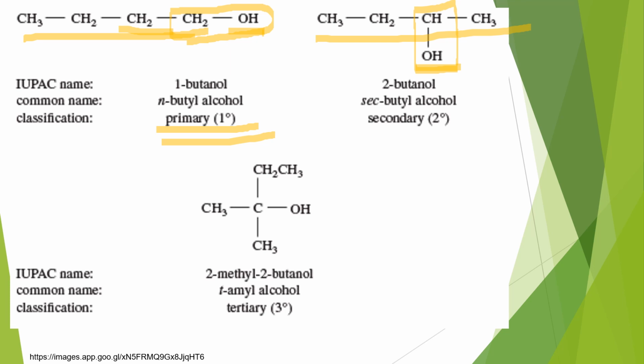The second carbon, CHOH. To how many carbons is it linked? It is linked to 2 carbons. On one side it is CH3 and on the other side it is CH2. Hence it is a secondary alcohol, because the hydroxy-bearing carbon is linked to 2 other carbons.